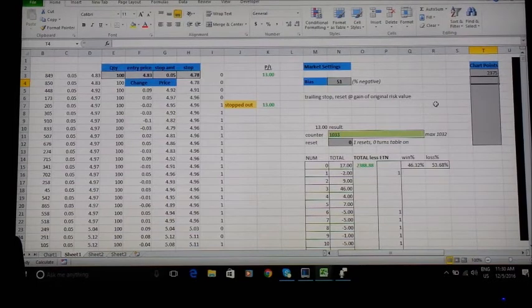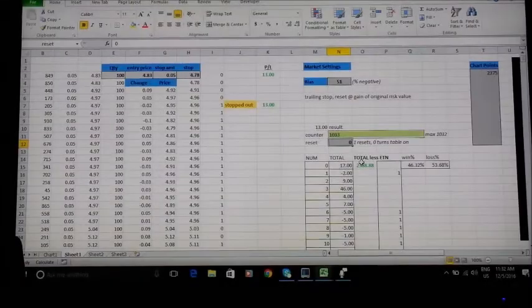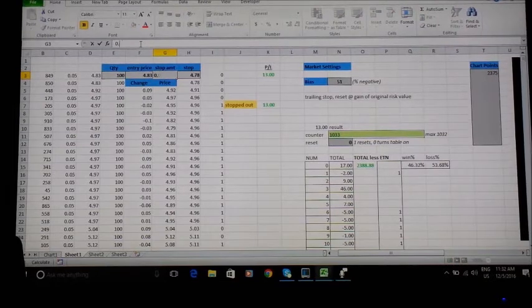And then, okay, so now we'll run another test with a different stop amount. So we'll enter in 10 cents rather than a 5-cent stop. And we'll just go ahead and reset the counter table.